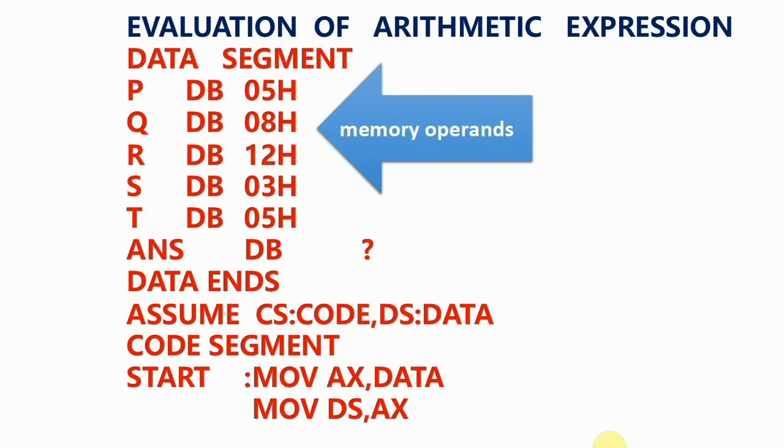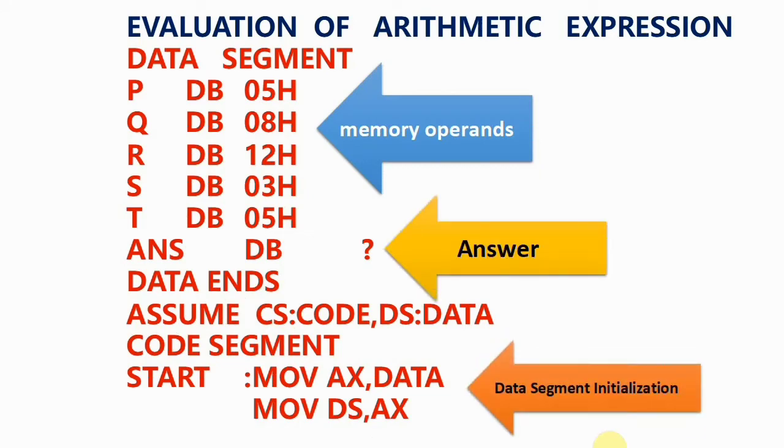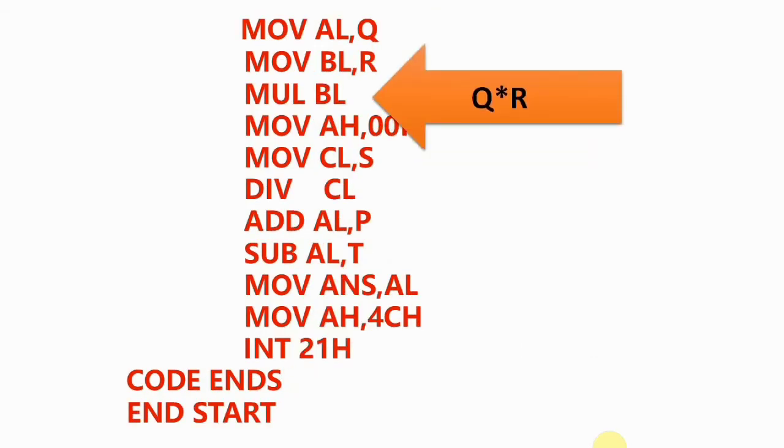All these are the memory operands, and this is the answer or the result memory operand. Move AX comma data, move DS comma AX is the data segment initialization. First we have to take Q into AL, R into BL, then multiply BL with AL, that is nothing but Q into R.